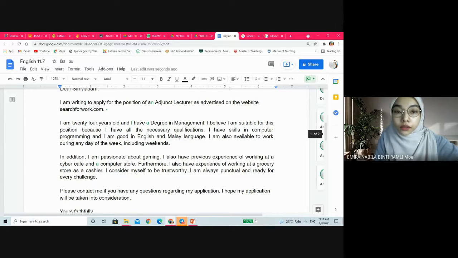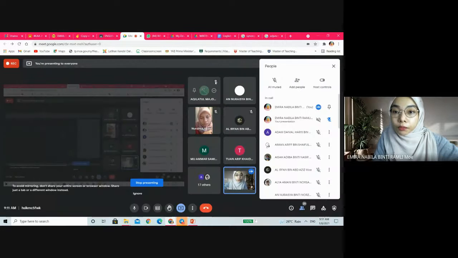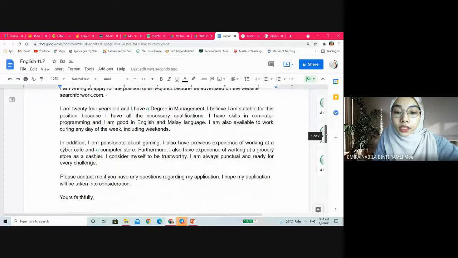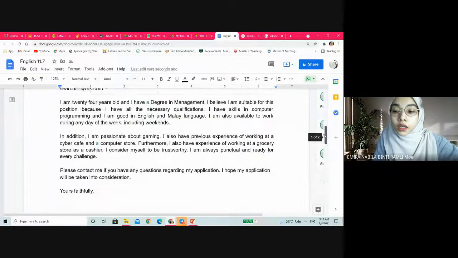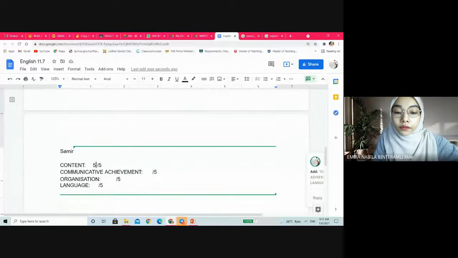So for me, as the one reading, let me just admit a few people for a moment. Okay, for me as the SPM examiner reading, I think it's quite clear. Everything he said we understood, and he elaborated well. So in terms of clarity, he gets 5. Okay, now we look at organization.